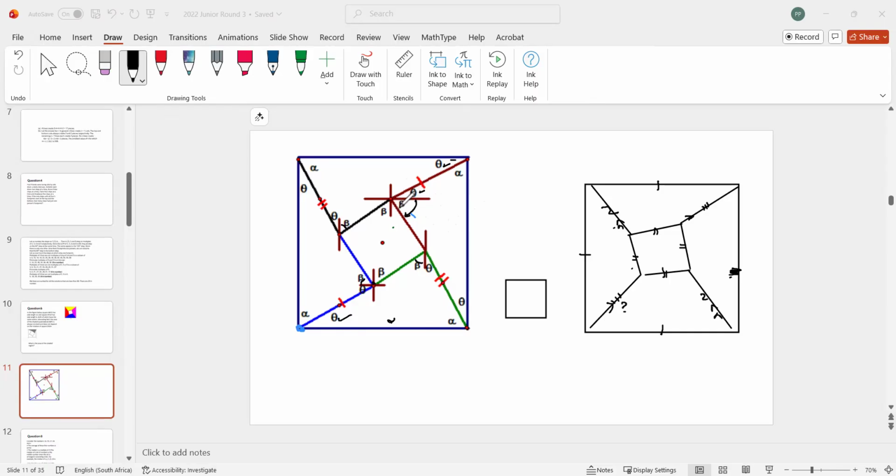Beta plus this is 90, this plus this is 90. So both of them are equal to beta.